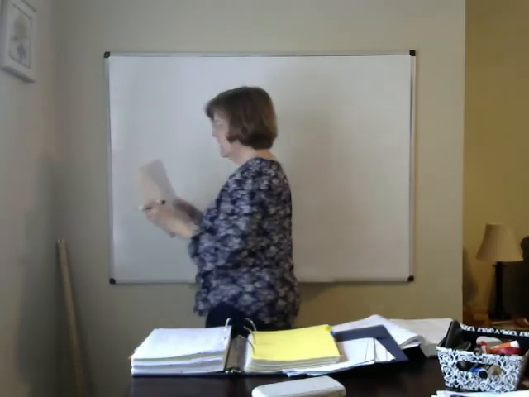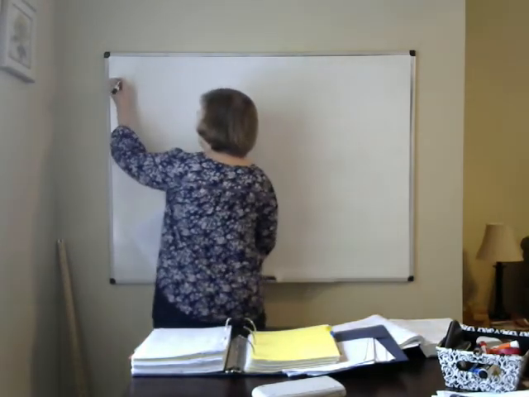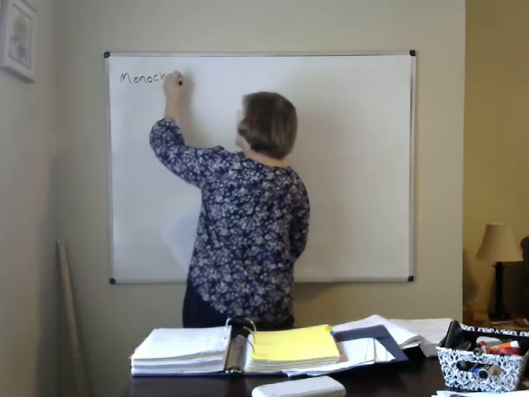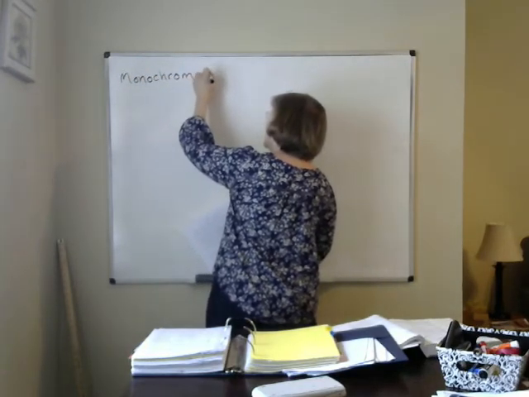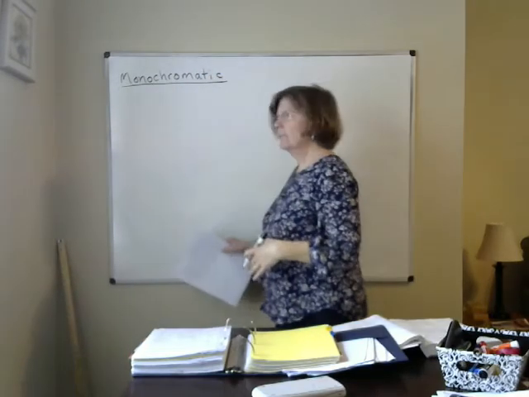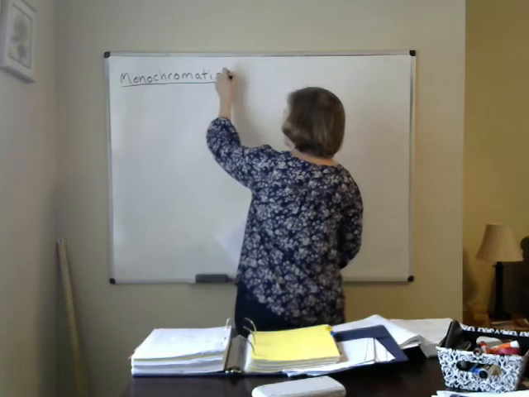In order to have this discussion, we need to understand a little bit of terminology. I want us to start with looking at the idea of monochromatic light. If you know your Greek and Latin word parts, you realize that means one color.